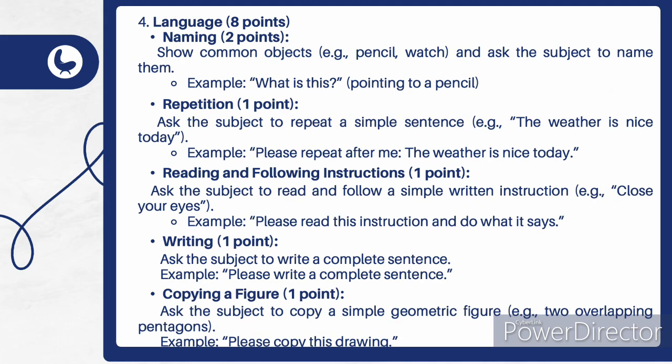Item 4, language, totaling 8 points, tests naming, repetition, reading, writing, and copying a figure. For example, we might ask subjects to name a pencil or to write a complete sentence. Each task of the MMSE is scored, and the total score helps determine the subject's cognitive status.